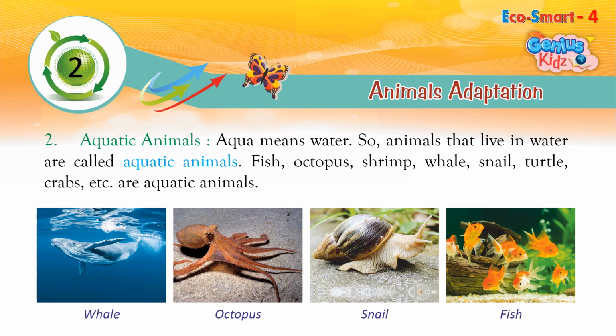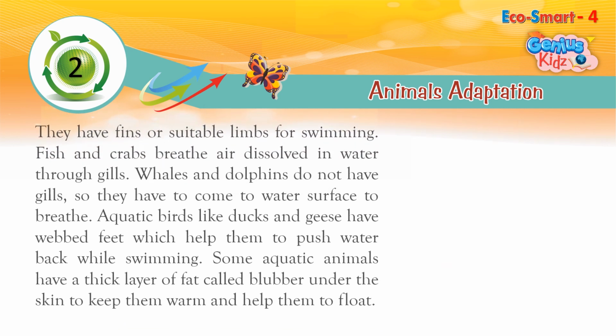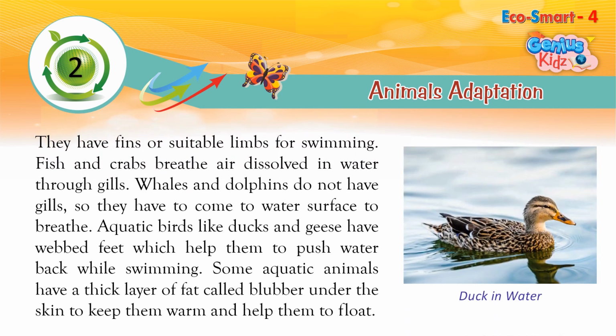2. Aquatic animals. Aqua means water. So, animals that live in water are called aquatic animals. Fish, octopus, shrimp, whale, snail, turtle, crabs, etc. are aquatic animals. They have fins or suitable limbs for swimming.